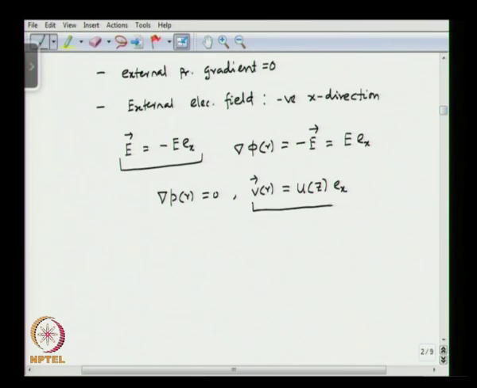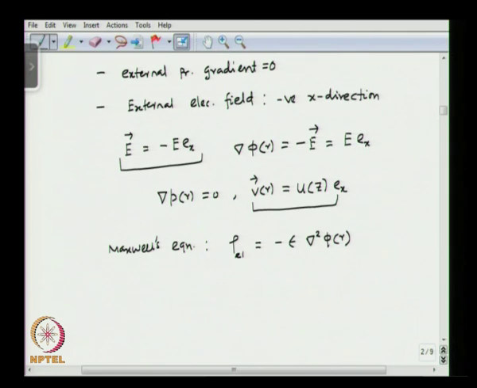That is what this means. We can write the Maxwell's equation for the electrical charge density, which is given by electrical charge density equal to minus epsilon into del square phi.